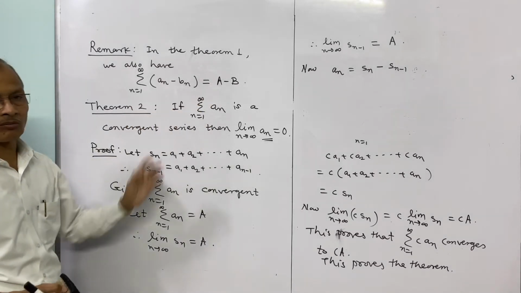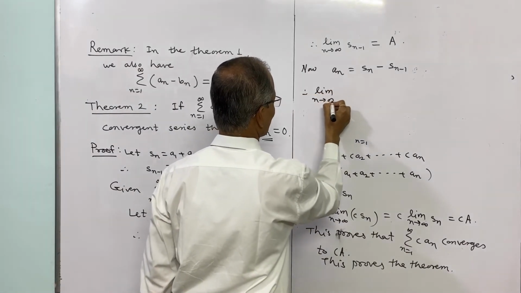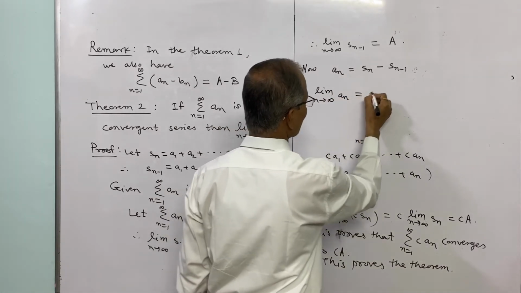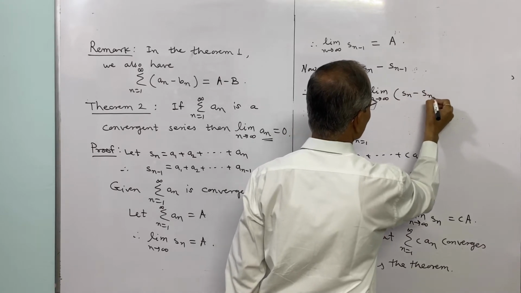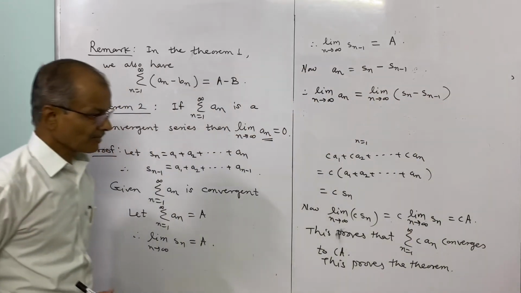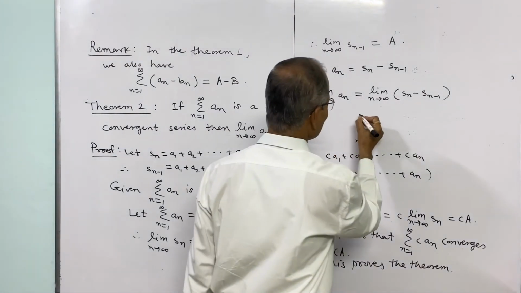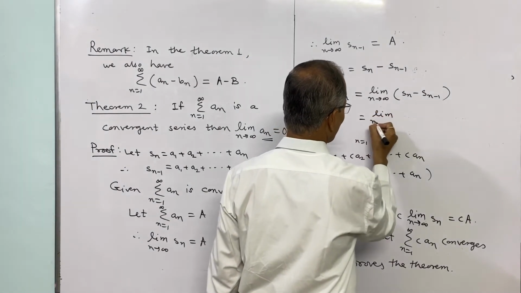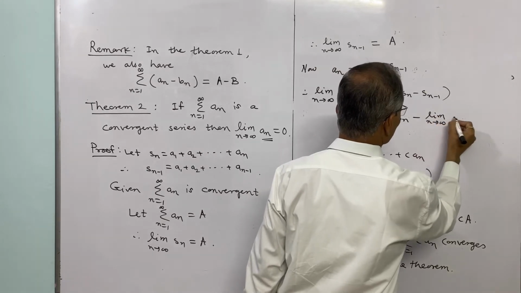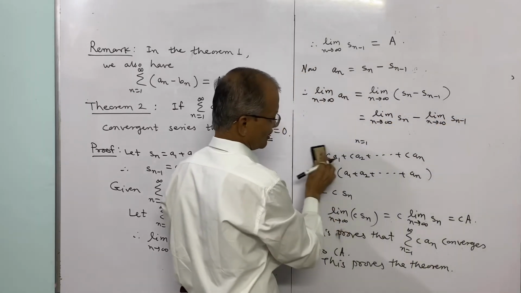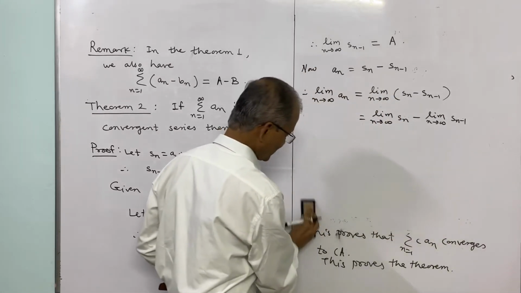Now we take the limit on both sides. Therefore the limit of An as n tends to infinity is equal to the limit as n tends to infinity of Sn minus Sn minus 1. And you see, by the theorem on limits of sequences, this is the limit of Sn minus the limit of Sn minus 1. These theorems we have proved in the chapter on sequences. Now, what is the limit of Sn?